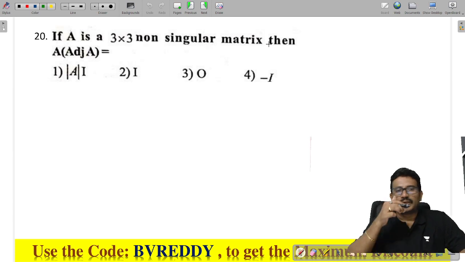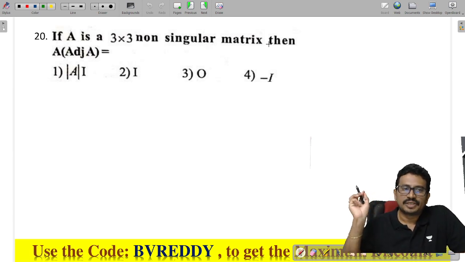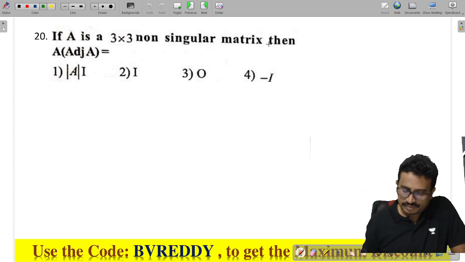Next one. If A is a 3 cross 3 non-singular matrix, then A into adjoint of A is.